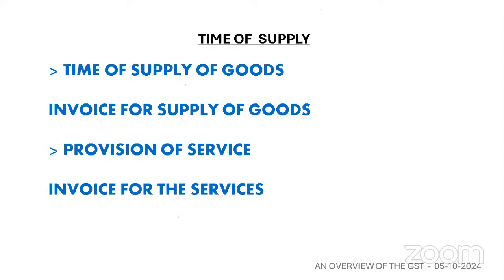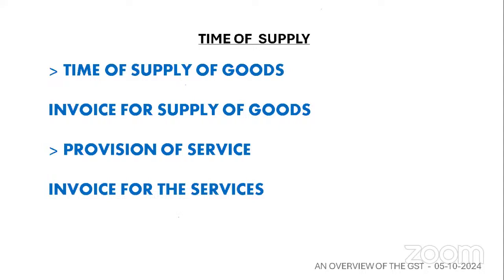Then the next concept is time of supply. So here we have two categories: supply of goods and supply of services. The time of supply of goods: when are the goods supplied? That is the time when you have to pay the tax on the goods supplied.